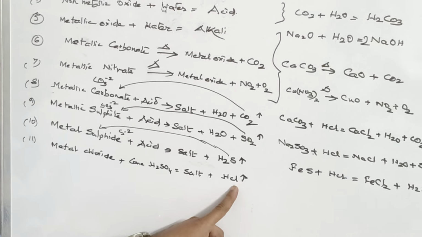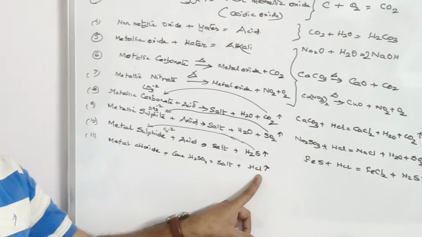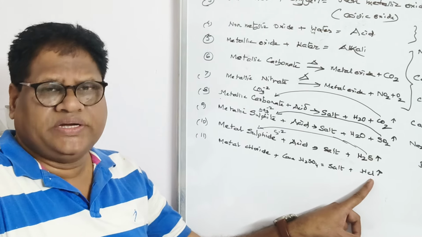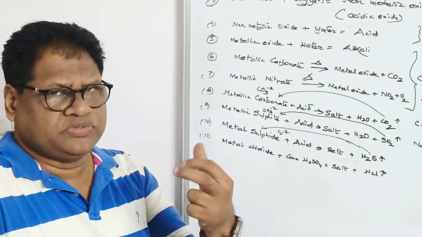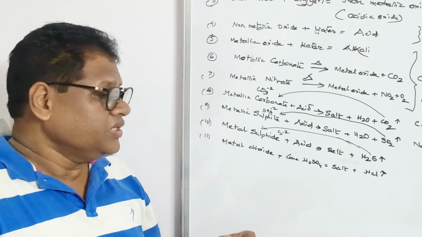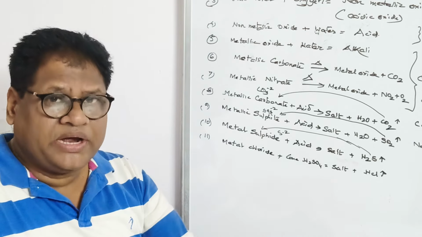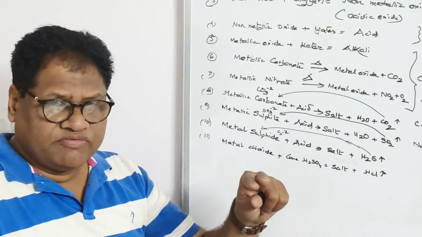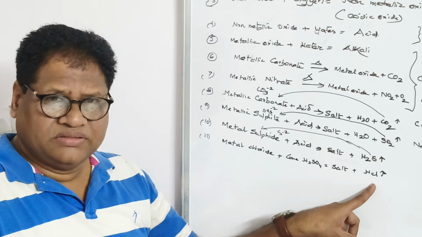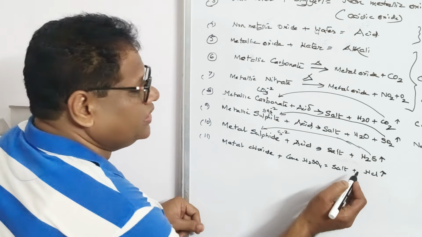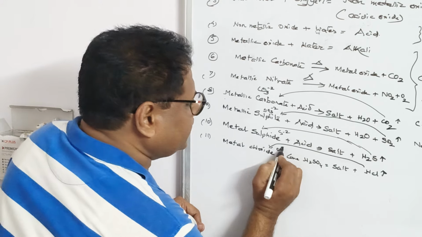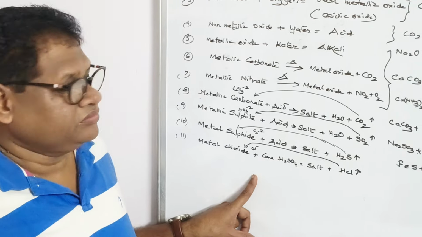It is the gas that turns blue litmus red, and it is the gas when passed through silver nitrate forms a curdy white precipitate of silver chloride. Then if you dip a glass rod in ammonium hydroxide, bring it near, it forms dense white fumes. All this confirms that the gas is HCl, and the evolution of HCl confirms the presence of chloride, that is Cl minus, in the salt.